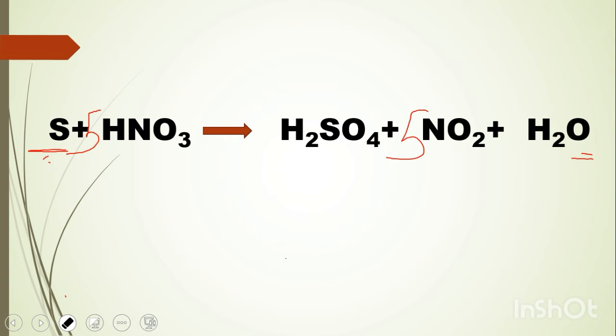Now after balancing them all, move toward the hydrogen. Hydrogen on the reactant side is 5 and on the product side is 2. So simply multiply, not with 2. Here the hydrogen is 2 plus 2, 4.